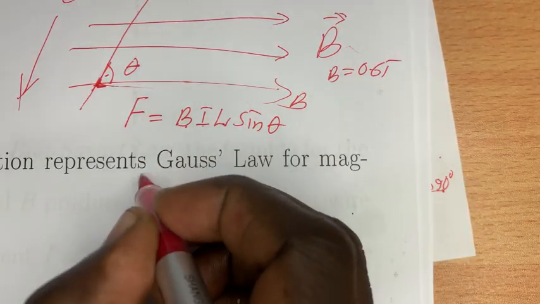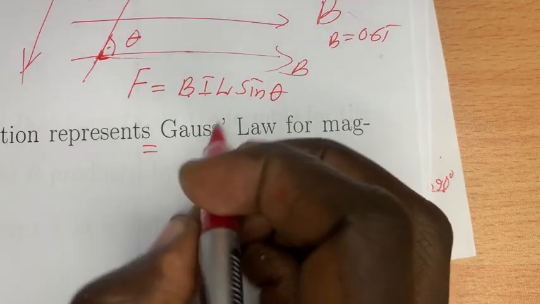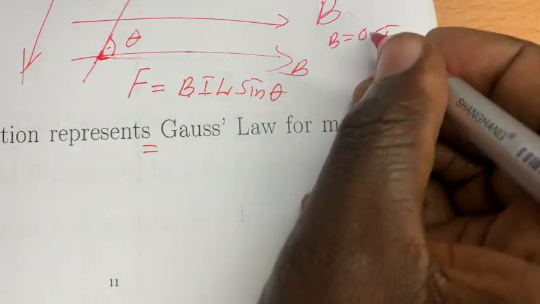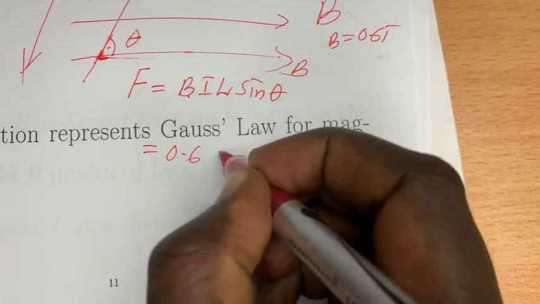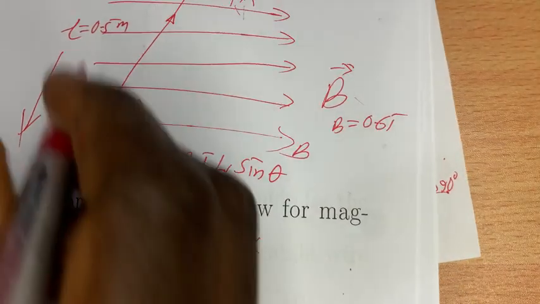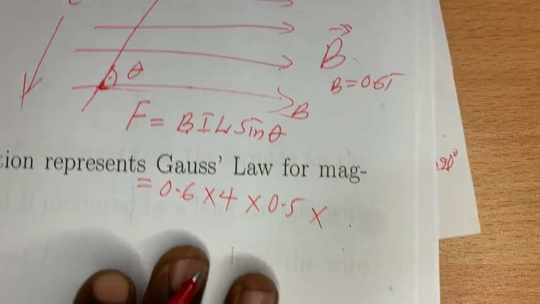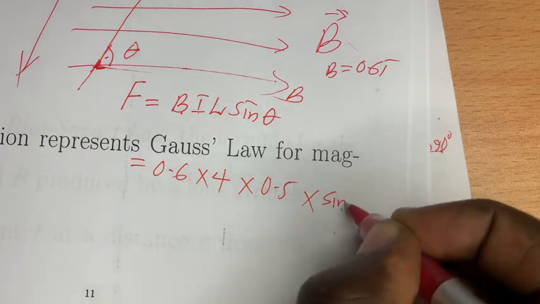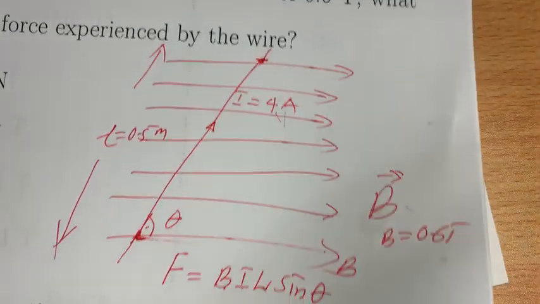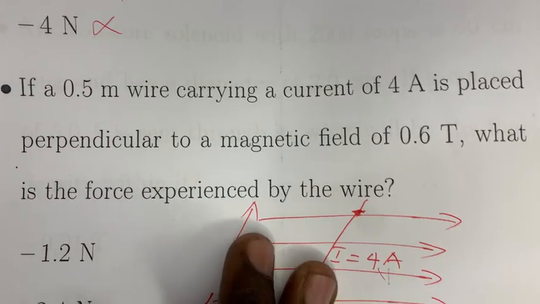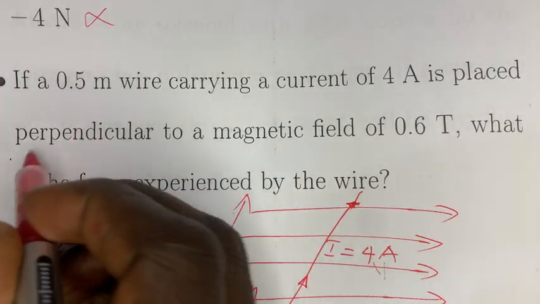So this is equal to my B, which is 0.6, times my I, which is 4, times my L, which is 0.5, times sine theta. What is my theta? You have to check the English there.